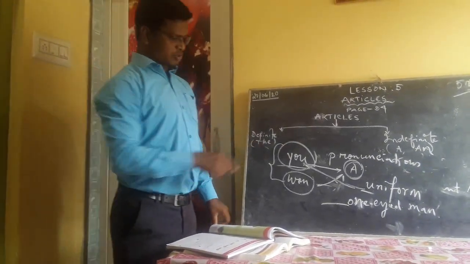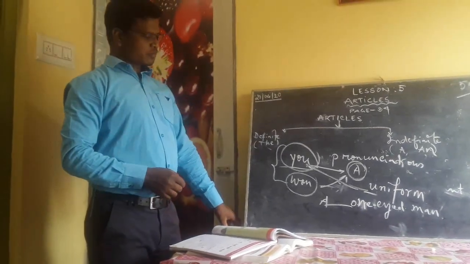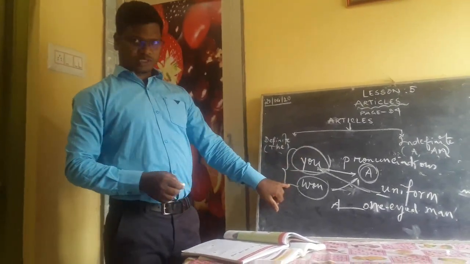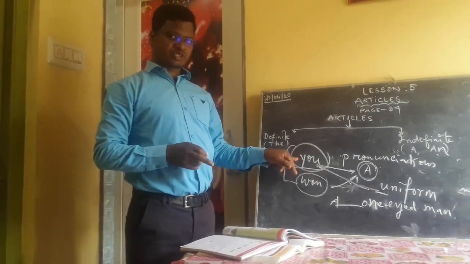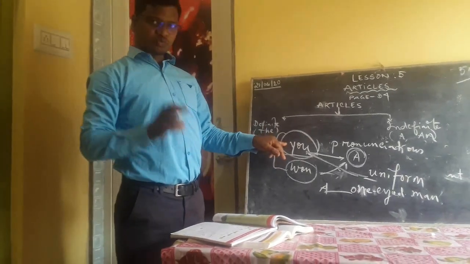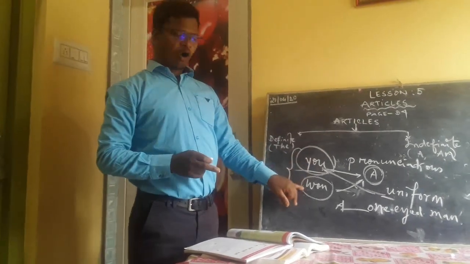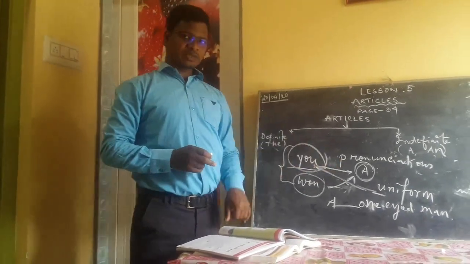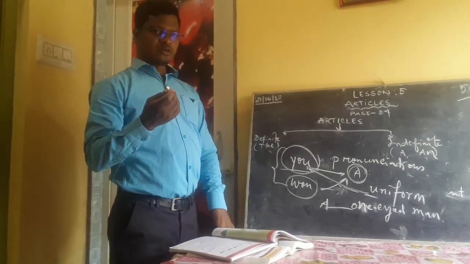So here also you will have to place a before it. I hope these two concepts are clear to you. Just remember, if a particular word sounds like either "you" or "wa", then definitely you have to place a before that word, even if it starts with a vowel.